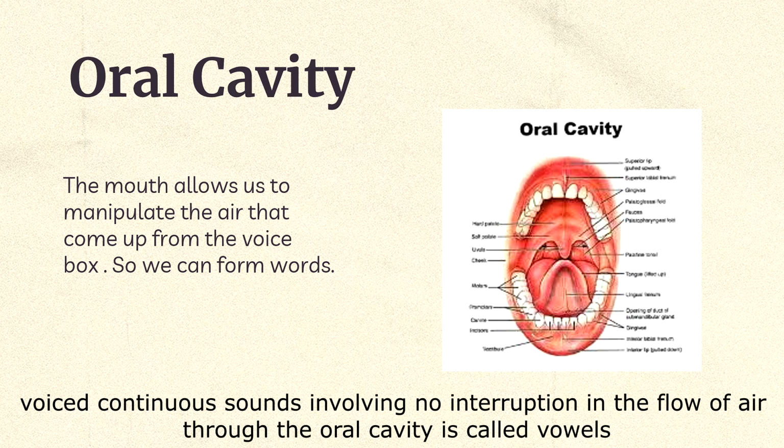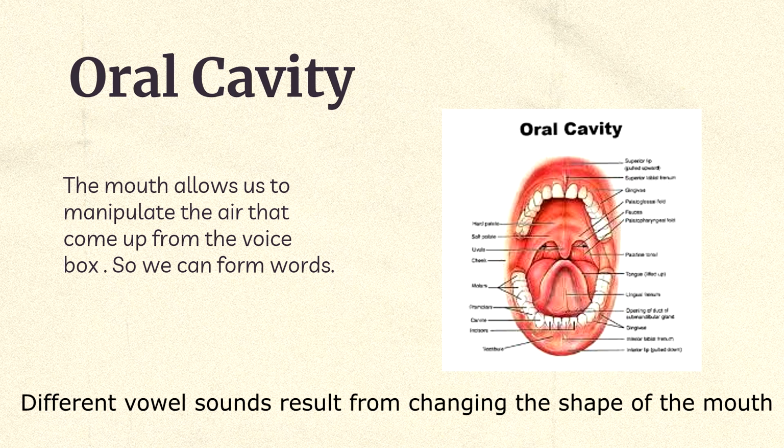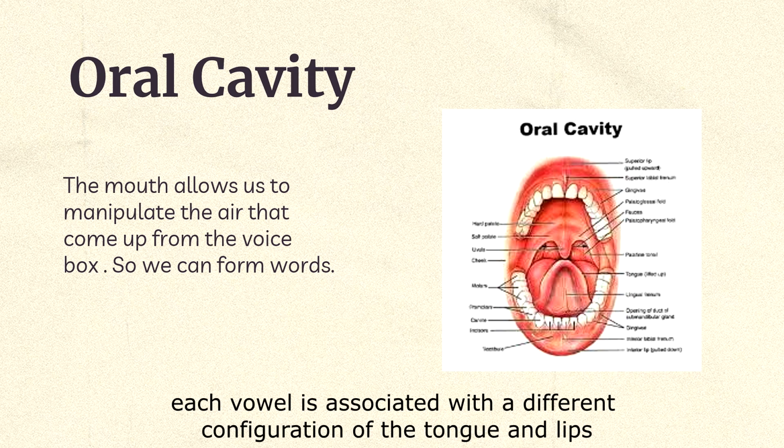Voiced continuous sounds involving no interruption in the flow of air through the oral cavity are called vowels. Different vowel sounds result from changing the shape of the mouth. Each vowel is associated with a different configuration of the tongue and lips.